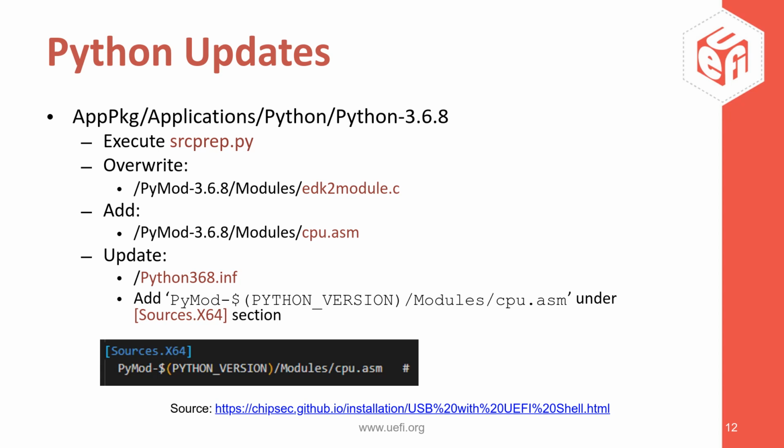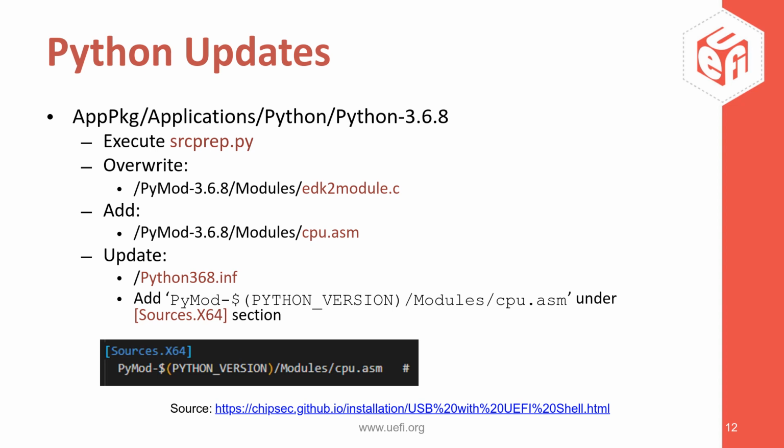With the following steps, if you're not building the Chipsec added capabilities, you can safely skip them. For the modified code, though, you will need to override a file, add an extra file, and modify a file. With the first, you want to overwrite the EDK2 module C with ours.